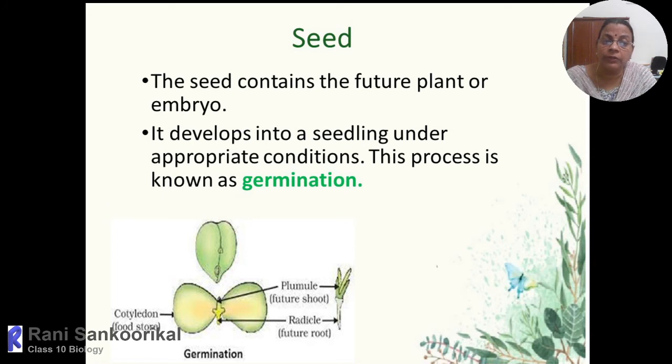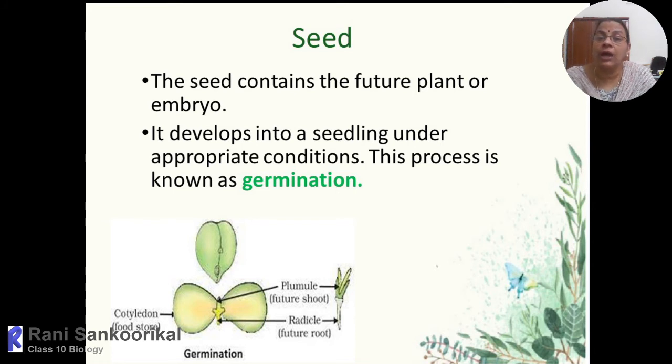So here we have to learn the important parts of the seed. The seed is covered by a seed coat, and inside the seed there are two cotyledons in a typical dicot. For that you can take a pea seed, or any pulse or gram, and soak it in water.